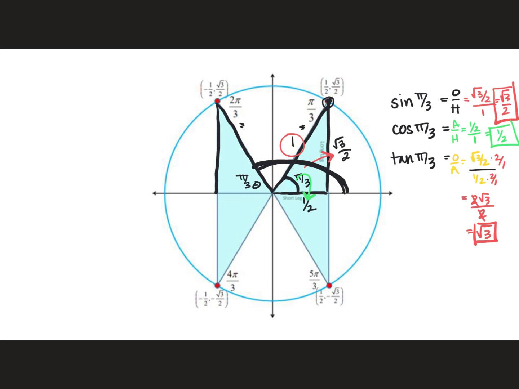However, as I write these, I'm going to use the reference angle that they give me. We'll talk more about that when we're together in class. So sine of 2 pi over 3, cosine of 2 pi over 3, and tangent of 2 pi over 3. Similarly, down here in the third quadrant, these will all be 4 pi over 3s.